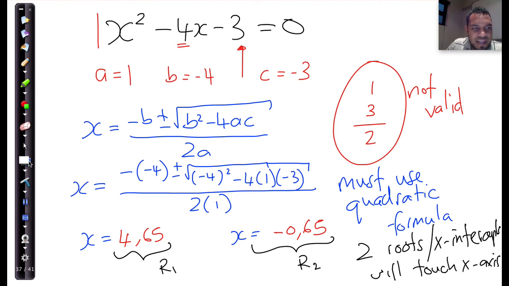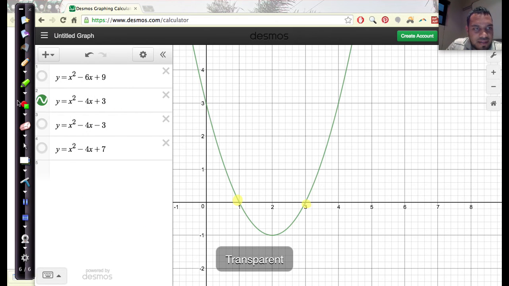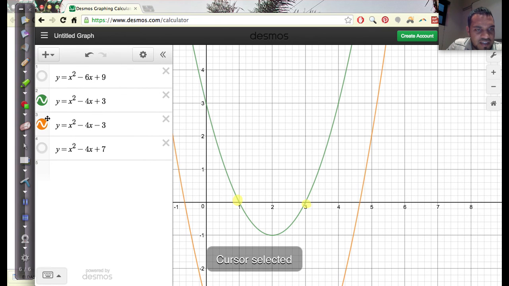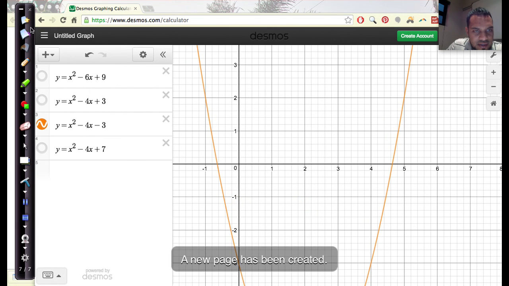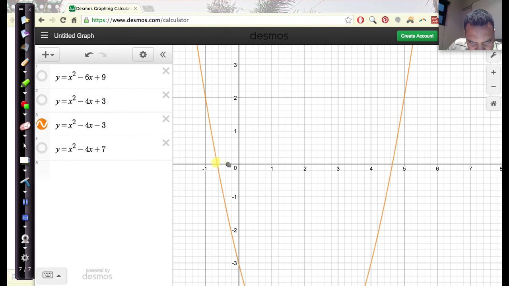So let's see what that actually looked like. This is the curve of x squared minus 4x minus 3. And if you look at that, do you see there? That's our value, negative 0,65. And this is our value here, positive 4,65 that we calculated.